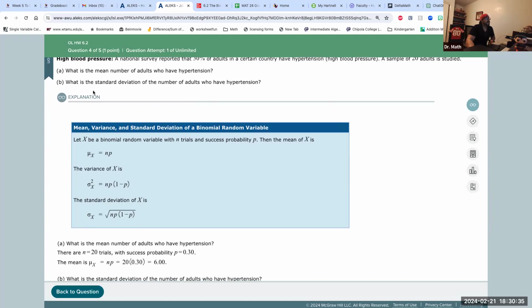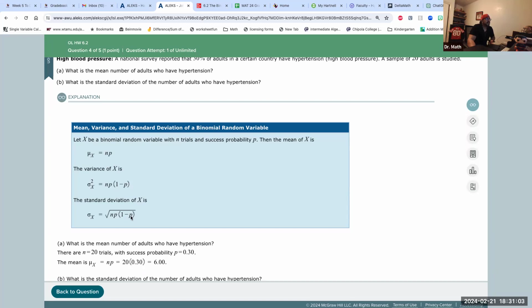But now to calculate the standard deviation, go ahead and write down this formula right here. If they want the variance, we'll write this, but typically we want the standard deviation, because that's something we're going to feed into our calculator a little later. So what we do is we take the square root of n, which is 20, times p, the percent of success, which is 0.30, times 1 minus p.